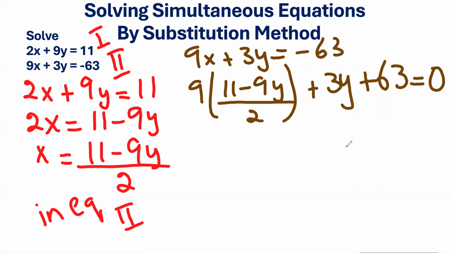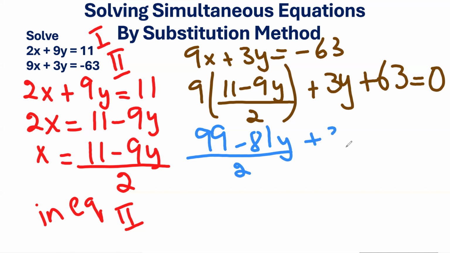So you can solve like this. 9 multiplied by 11 is 99, and 9 nines are 81. 81y whole divided by 2 plus 3y plus 63 is equal to 0. Right?